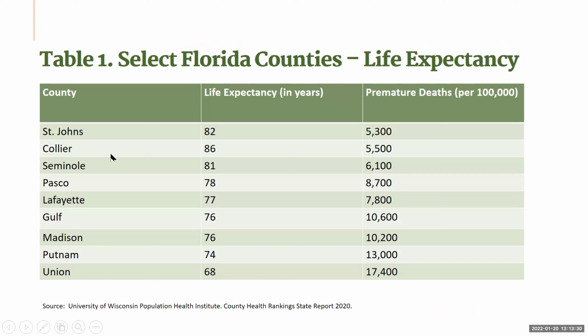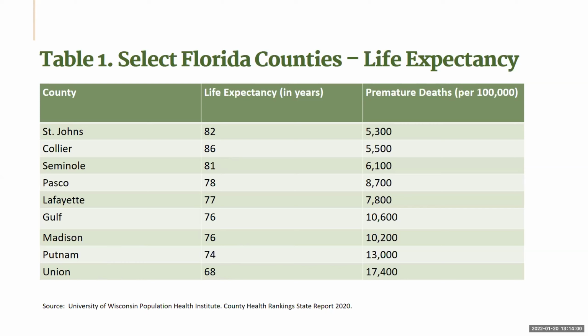So in table 1, I pulled the life expectancy in each of these counties. In St. Johns, Collier, and Seminole, the life expectancy ranges from 81 to 86 years, whereas in the lower ranking counties, Madison, Putnam, and Union, life expectancy ranges from 68 to 76 years.